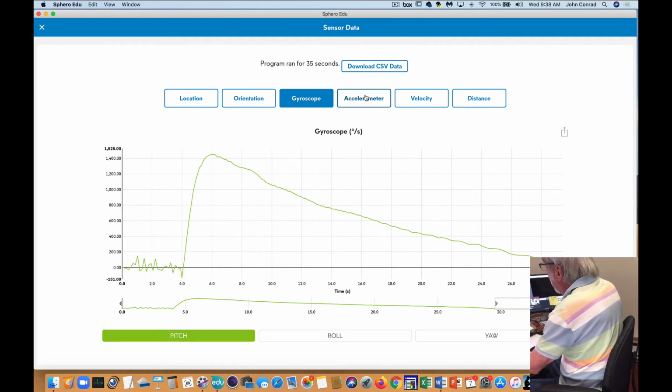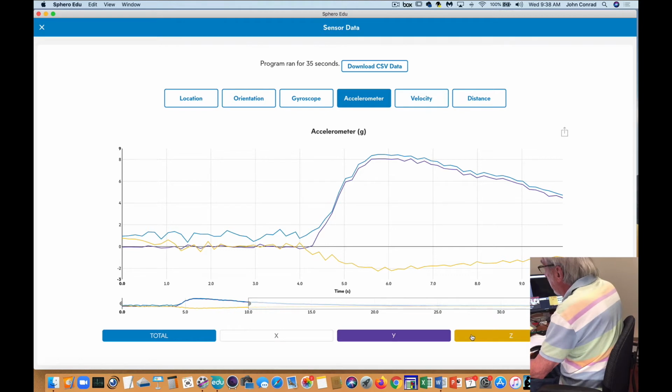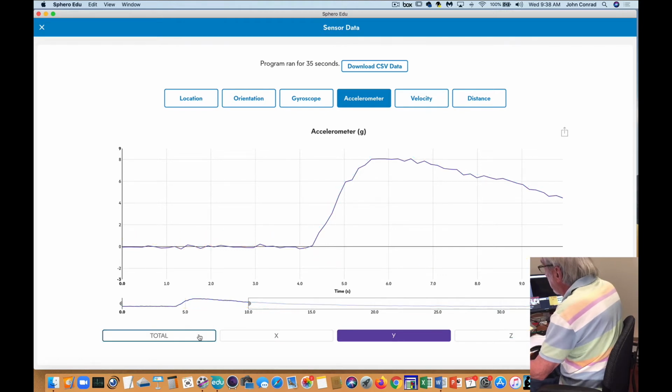Let's see what the accelerometer data gives me for this run that I just did. Here's the accelerometer. And again, I only care about the y value of the acceleration. I don't care about the x. I don't care about the z. I don't care about the total. Okay. The only one I care about is this purple one, the y.